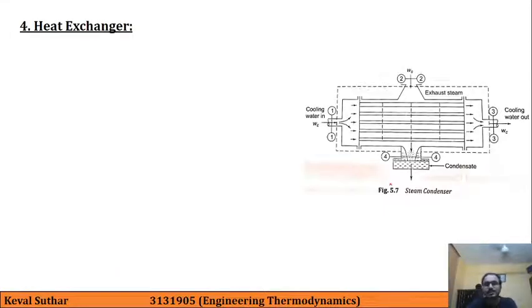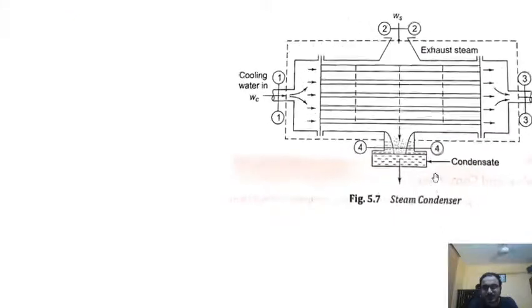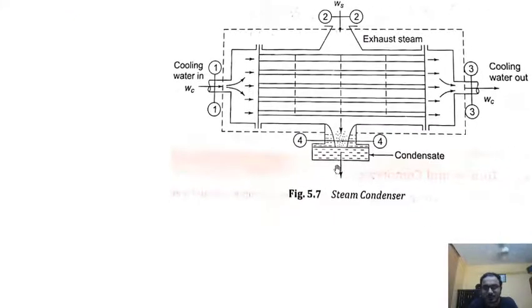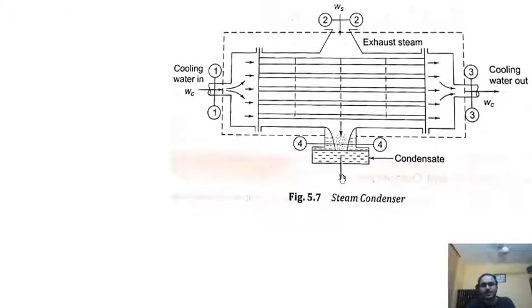So here this is the example of a heat exchanger, which is a steam condenser. So if you see in this figure, this is the cooling water which is entering this steam condenser. This cooling water passes through these tubes. Okay, and here from the top, as you can see, the steam is coming, and the steam is passing through the shell.